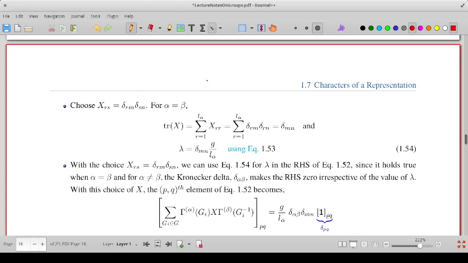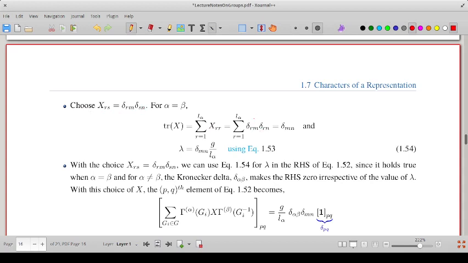Now if we also take alpha to be equal to beta, then L alpha is equal to L beta, and therefore the matrix X is now a square matrix. And we can compute its trace, and trace of X will now be equal to sum over R running from 1 to L alpha of XRR, the diagonal element of X. Now using this formula, XRR is equal to delta Rm delta Rn.